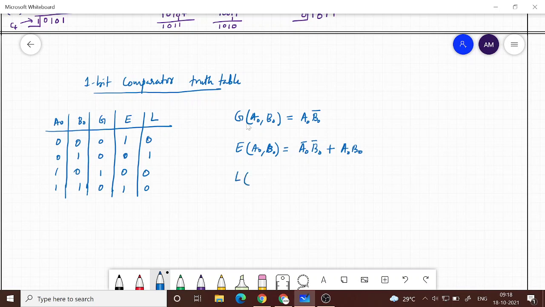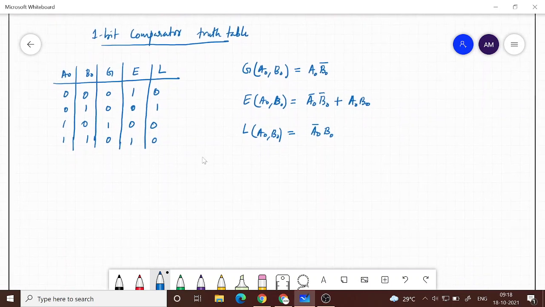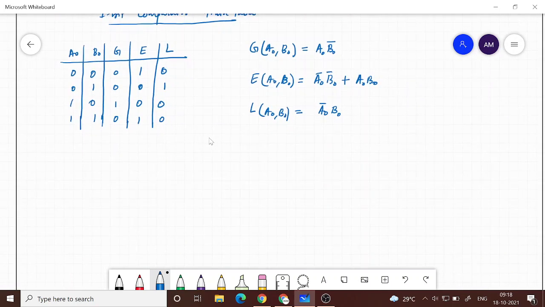And similarly the third output, L, is 1 only when A0 is 0 and B0 is 1. So now we can implement this. And if you see, E is basically what we call A XOR B, the whole bar, the 2 input XNOR gate.